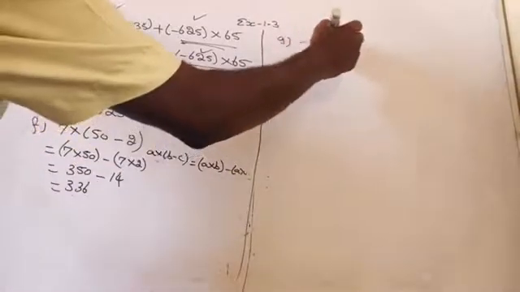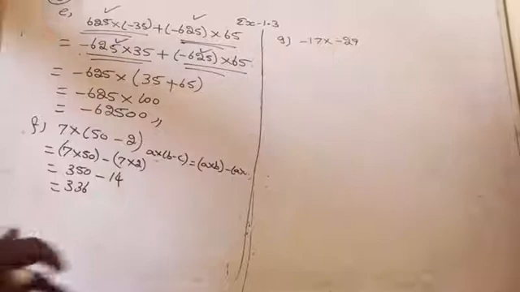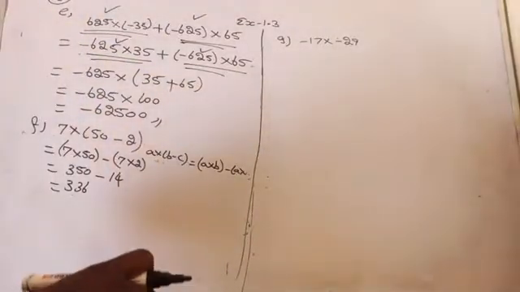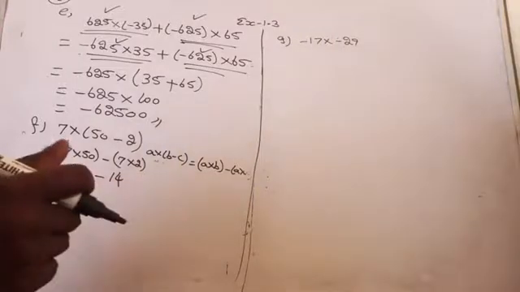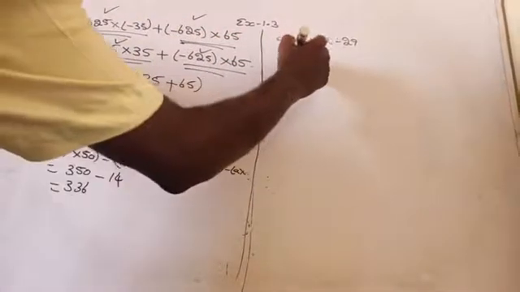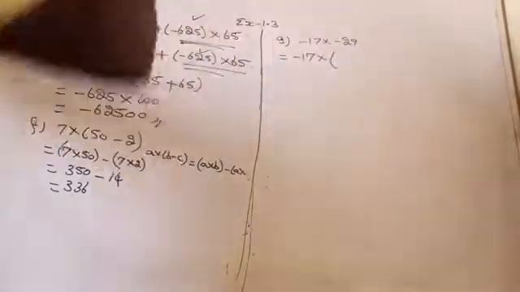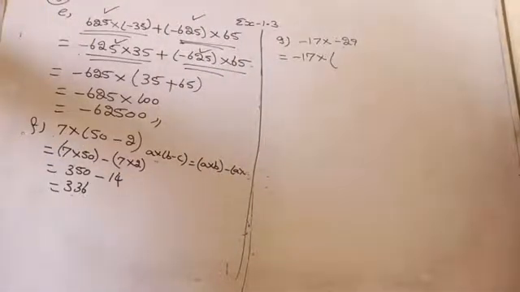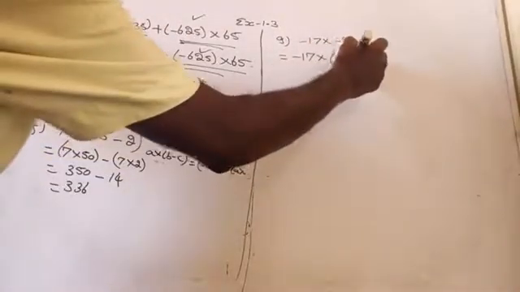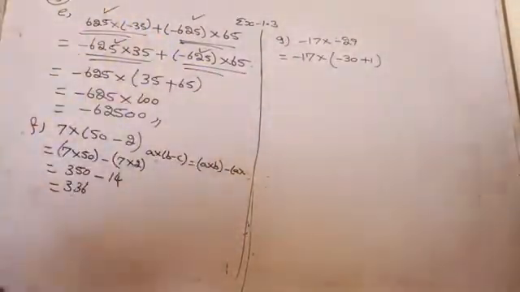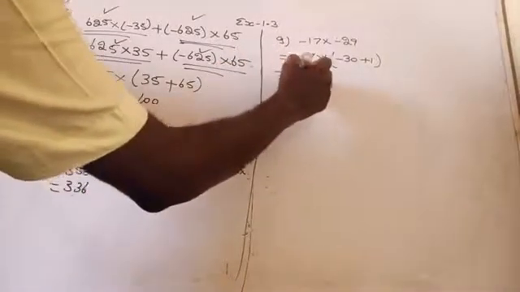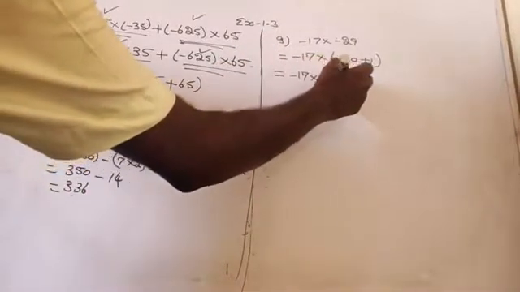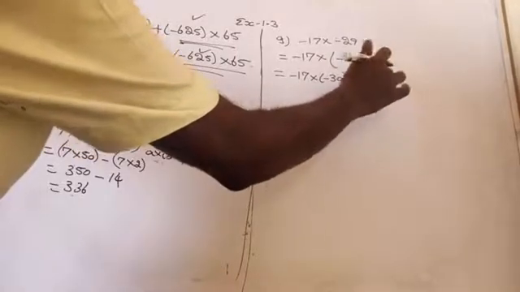So minus 29 can be written as minus 30 plus 1. Minus 30 plus 1 is minus 29. Now it is in the form of A into B plus C, that is A into B plus A into C, that is minus 17 into minus 30 plus minus 17 into 1.